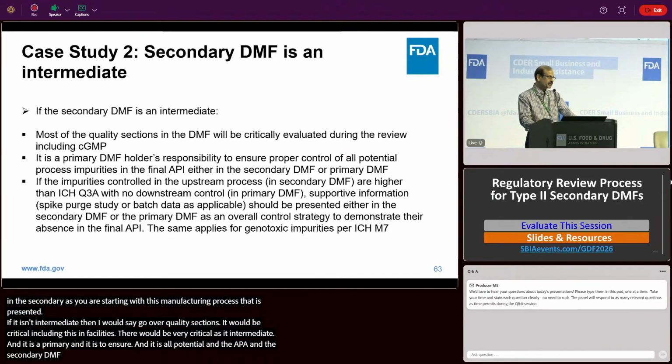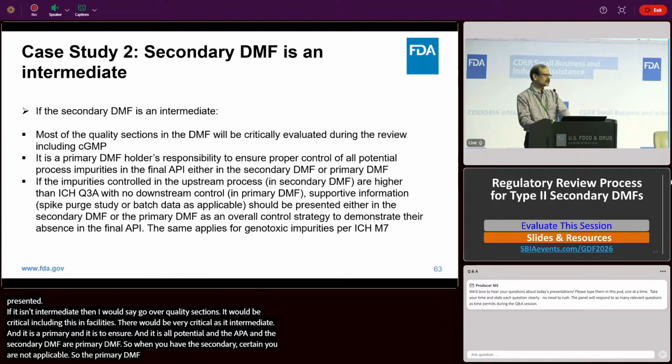So when we evaluate the secondary DMF as an intermediate, certain guidelines like ICH Q3A and ICH M7 may not be applicable. So it is the primary DMF holder's responsibility to present the control strategy for overall impurities in the manufacturing process.